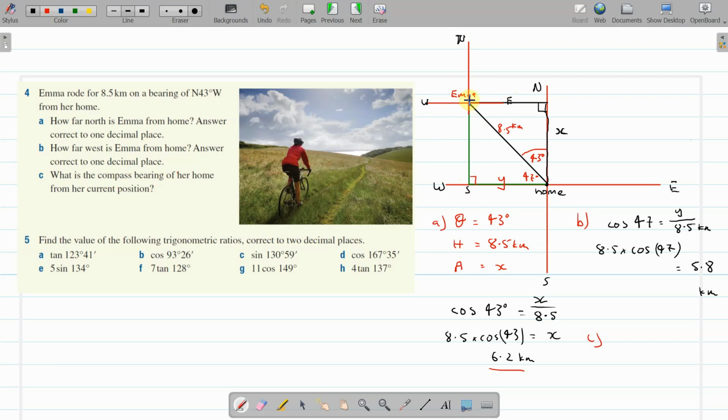Okay, well, that would be heading south, and that angle there, so you can do it a couple of ways. I'm going to go heading south, 43 degrees east.